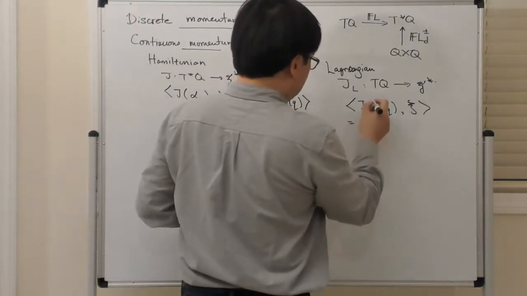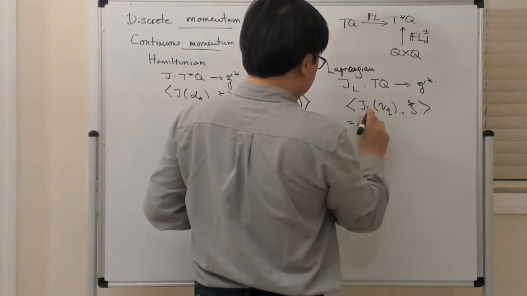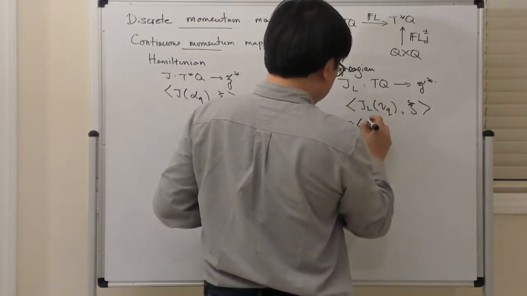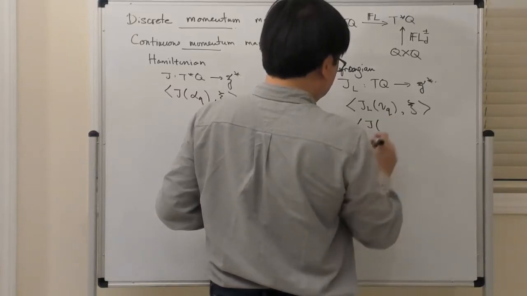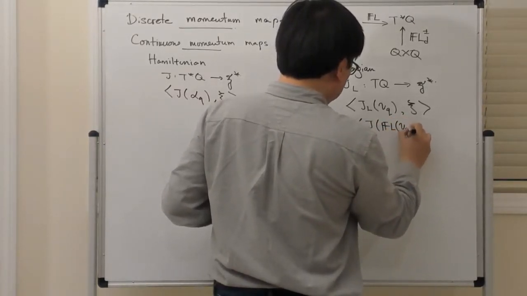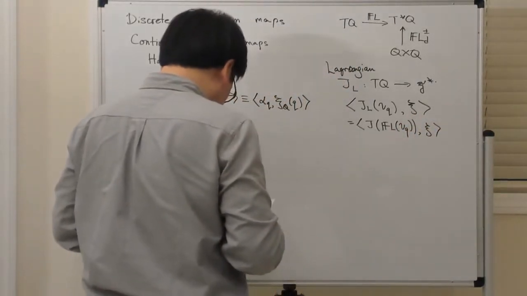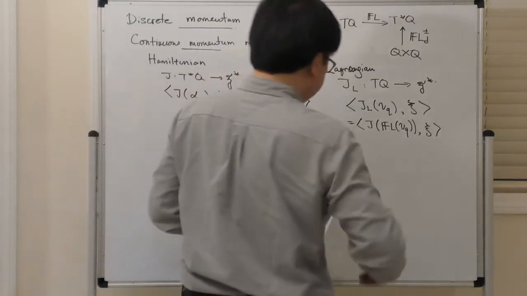So what you do is that this is equal to the pullback of this. So this is J applied to FL of v_q.